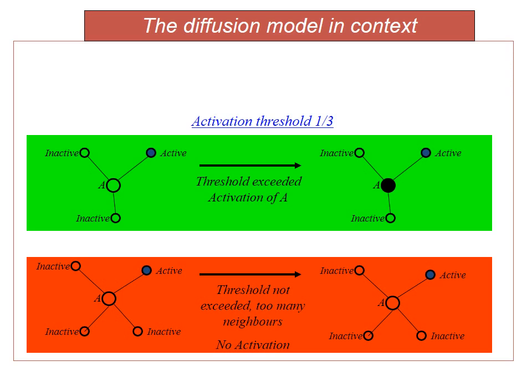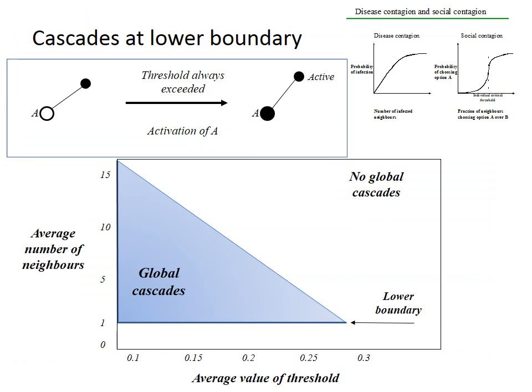And this model now has a clear influence on the social contagion model. Now let me introduce a relatively abstract model. This is not very easy to understand, but the ideas behind it are relatively simple. On the horizontal axis we represent the average value of the threshold, that is the minimum number of individuals in your network that you need in order to adopt a new idea, in order to be persuaded to adopt a new idea.